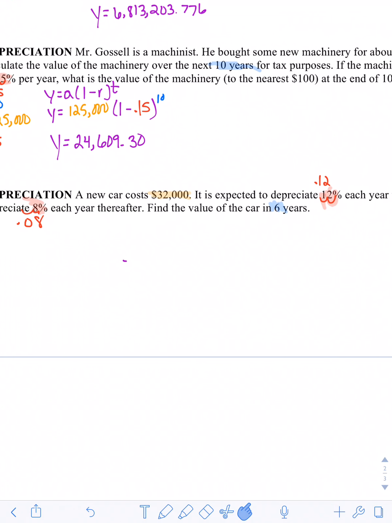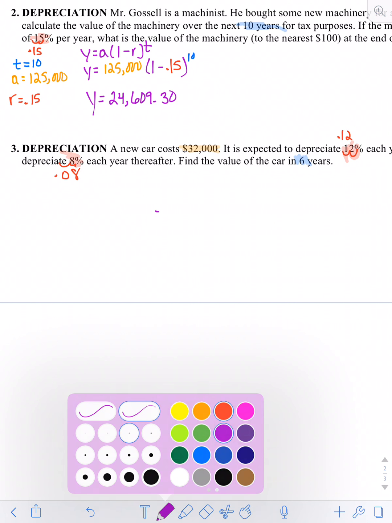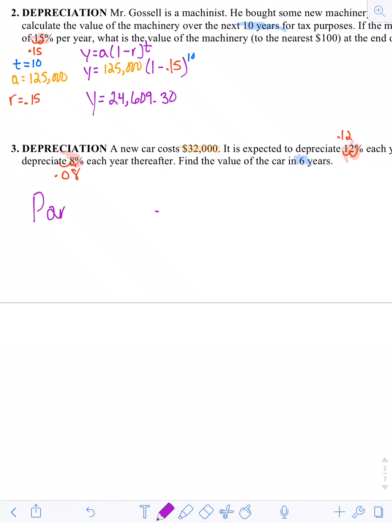All right, so there's two parts to this. I'm going to do part one. What we have to do is fill this in. It's depreciating, so we're going to do our minus sign. So y equals, my initial value was 32,000, times 1 minus my rate.